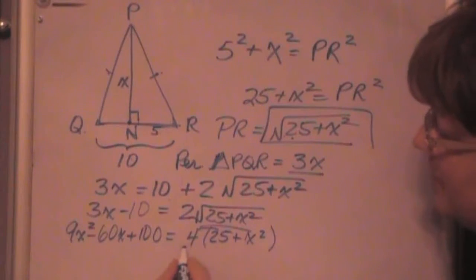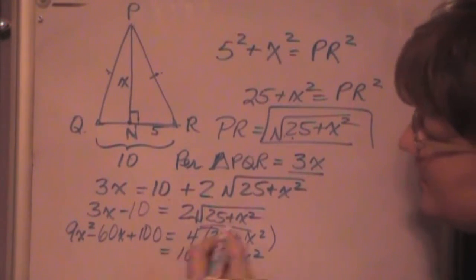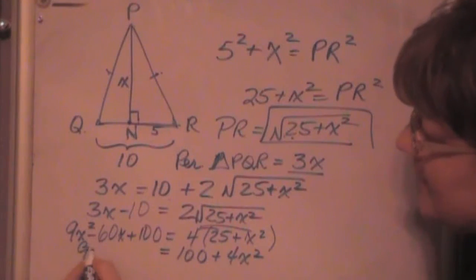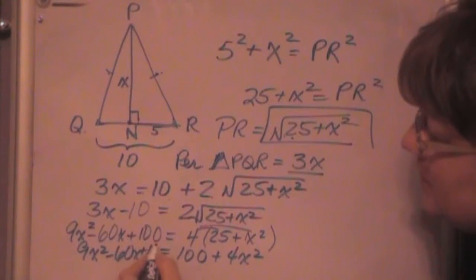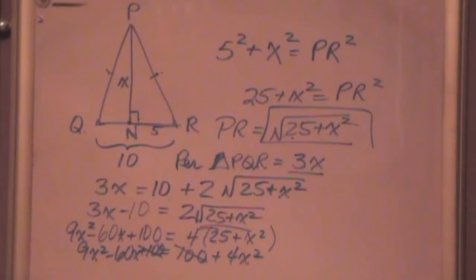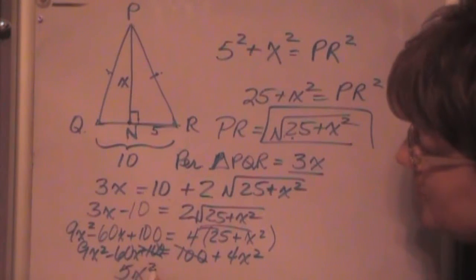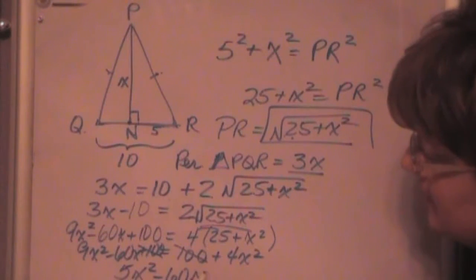Well, distributing this 4, I'm going to get 100 plus 4x squared equals 9x squared minus 60x plus 100. I've got the 100 on both sides, so they go out. So now I have 9x squared minus 4x squared gives me 5x squared, and I have a minus 60x equals 0.